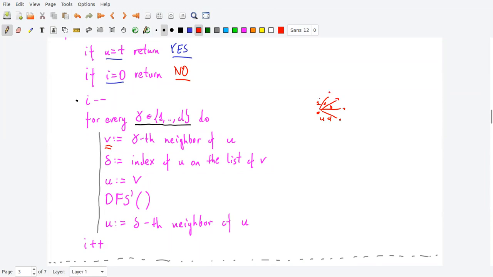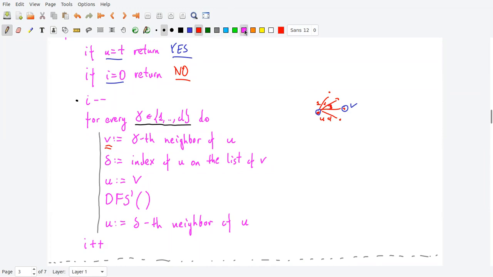I imagine that on the adjacency list of the graph, the neighbors are somehow ordered. Now if I decide that I'm going from u to, say, the third neighbor v, I need to take the third edge.